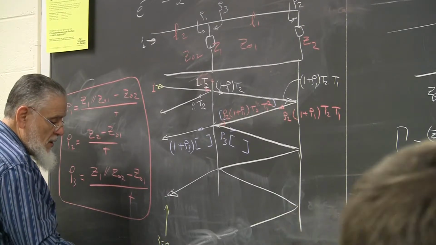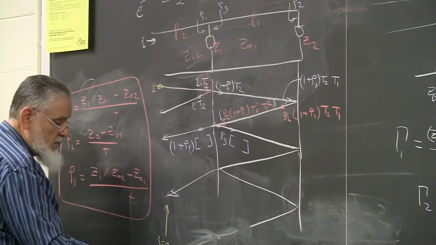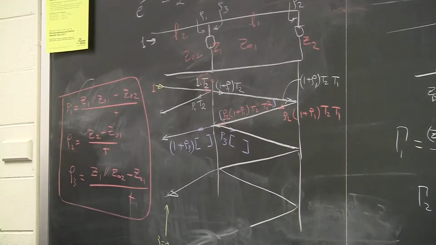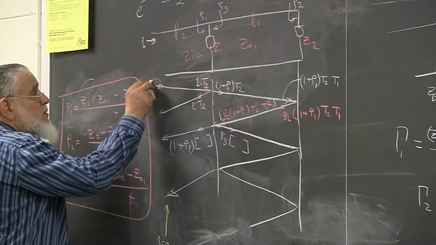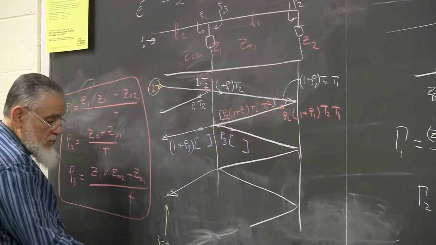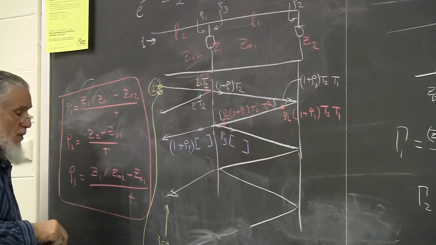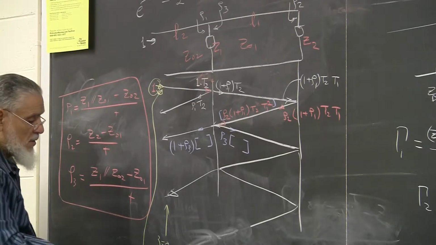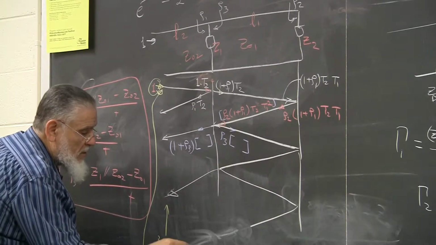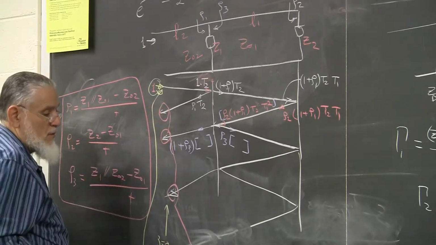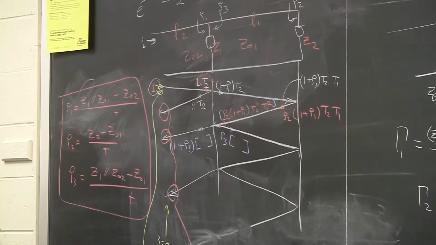So my V of Z is simply V plus plus V minus. So that's my V plus, the 1. That's the only wave that's traveling to the right. And the V minus is all the waves that travel to the left. The sum of all these. This is my V minus.